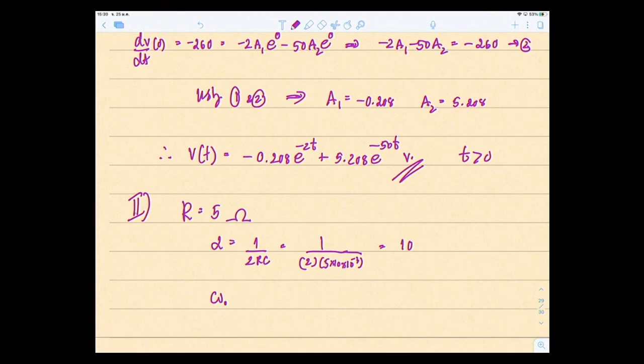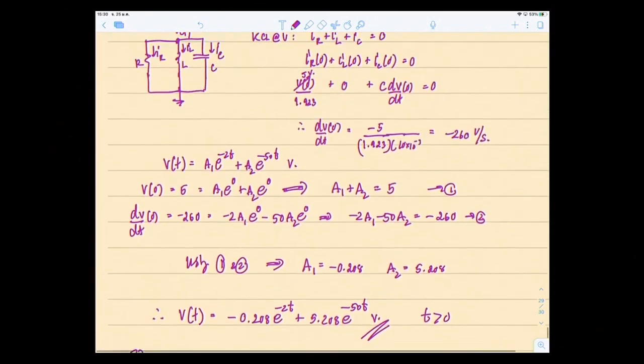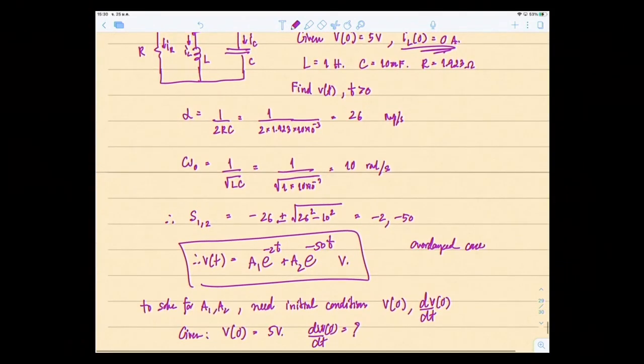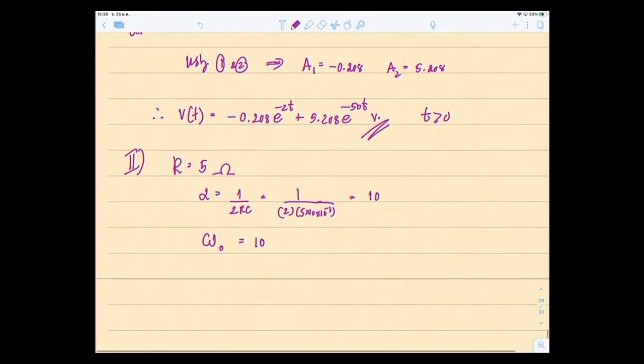Your omega naught would be the same, because 1 over the square root of LC gives also equal to 10. So therefore, your S1 and S2 turn out to be equal to minus 10.